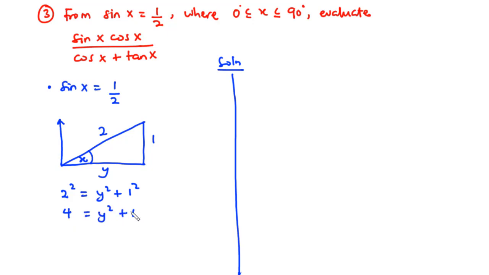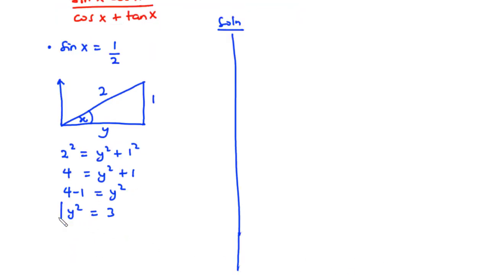Let's transpose 1 to the left hand side. We have 4 minus 1 equals y squared, and then y squared is equal to 3. We take the square root of both sides, and then we have y is equal to the square root of 3. So this is the value of y.